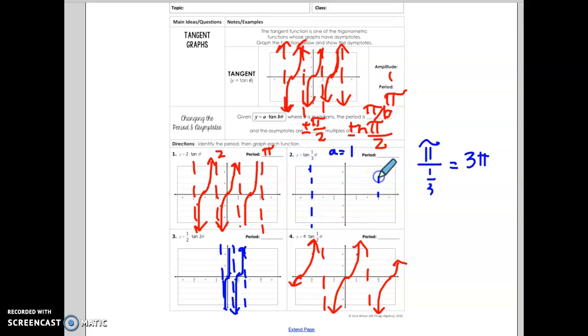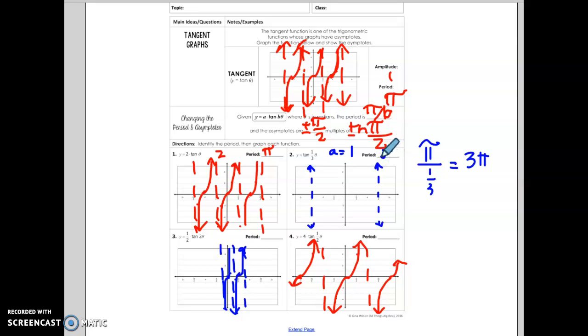I think I forgot to divide on this one, or maybe I was taking 2 pi divided by 3. Sometimes I do that, and you've got to be careful when you're finding the period length, because it is pi over whatever it is. So I think that might have been my error. This should be 3 pi for the period.